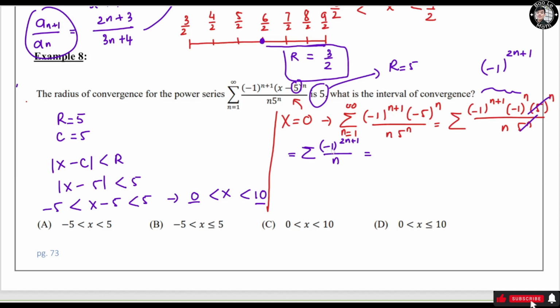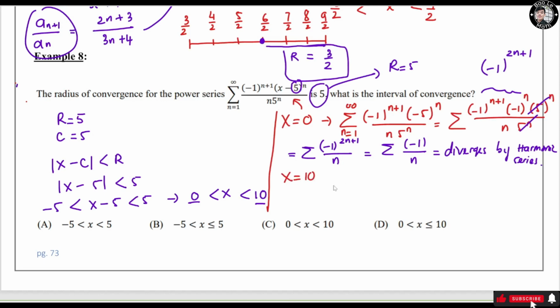So negative 1 raised to the odd power is going to be negative 1, right? So it would be the series negative 1 over n, right? And this guy is actually the harmonic series multiplied by negative 1, right? But the harmonic series always diverges, right?